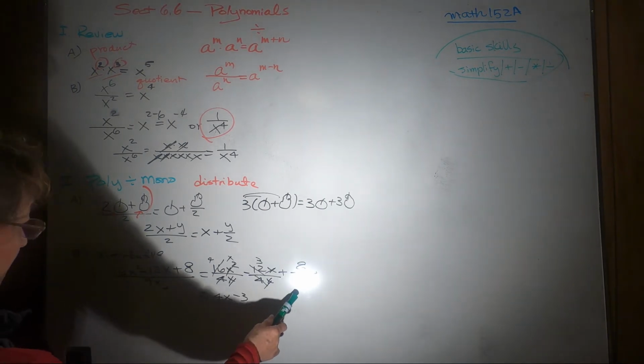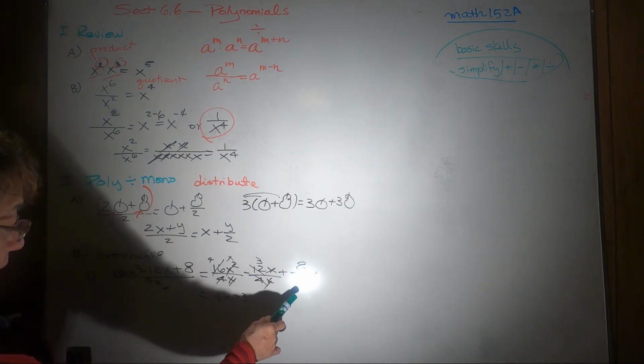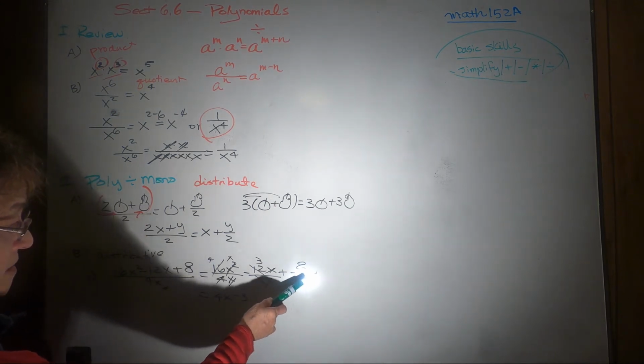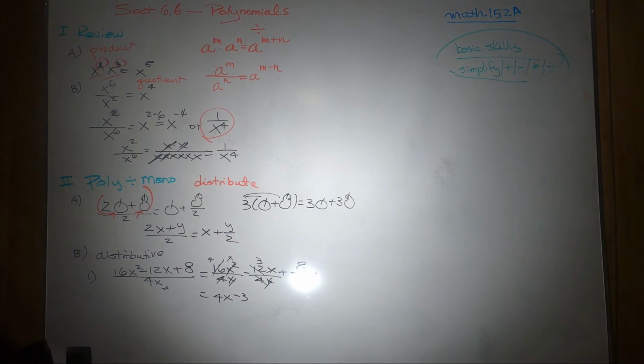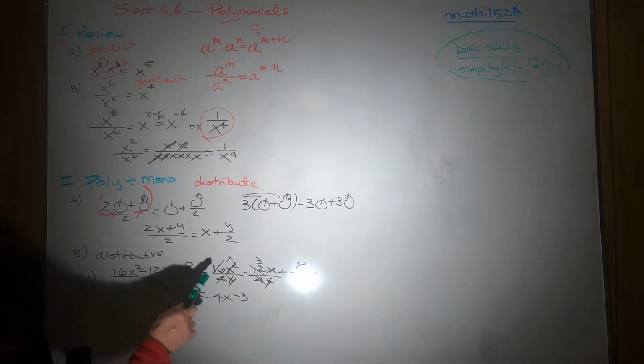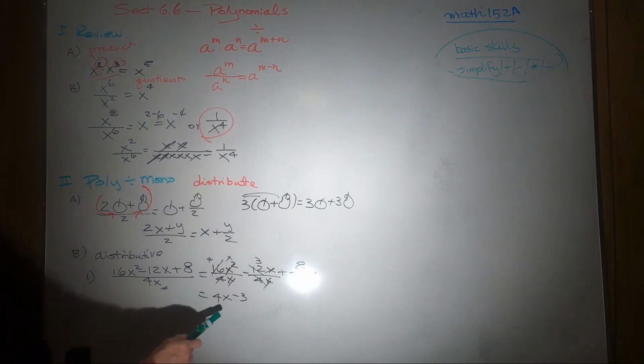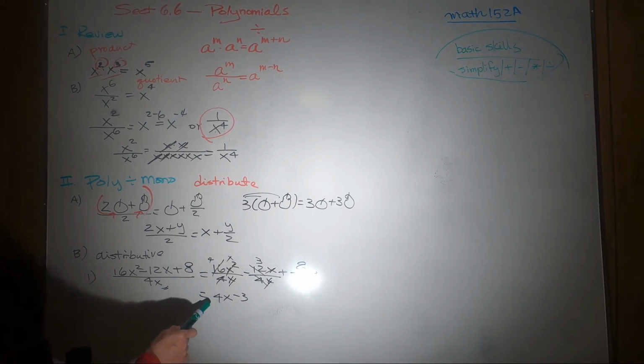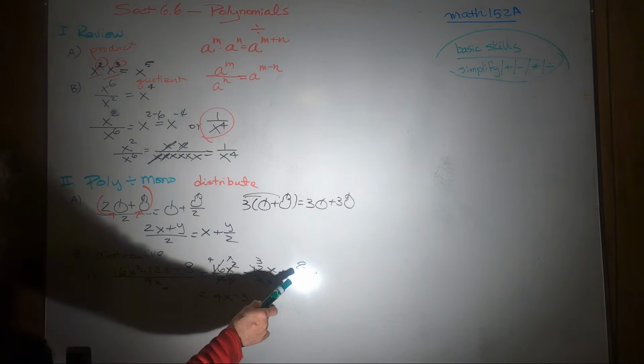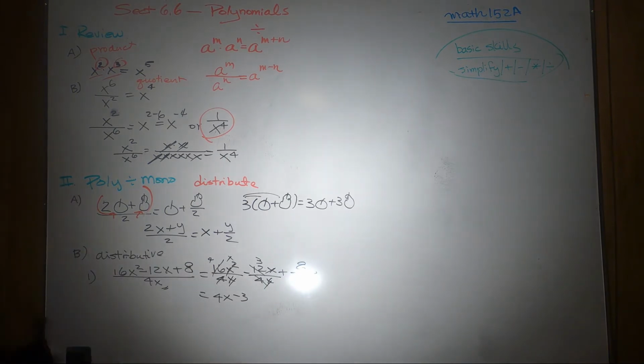This one is not a polynomial, right? Because x is in the denominator position. We say if x is a base and not in the denominator position, then it's a polynomial, okay? This one is a fraction. We call these rational expressions, okay? Later on, you will learn this in your 152B class.